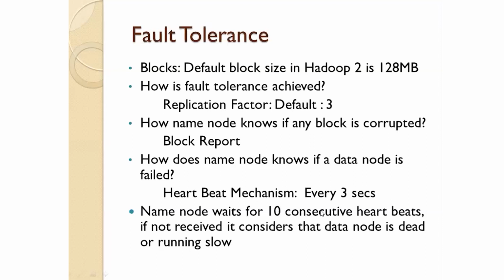If a data node misses 10 consecutive heartbeats, then it understands that this machine is not working, or it is running very slow. So it checks what data is present in that data node, and then tries to replicate the same blocks in another data node which is available in the cluster.